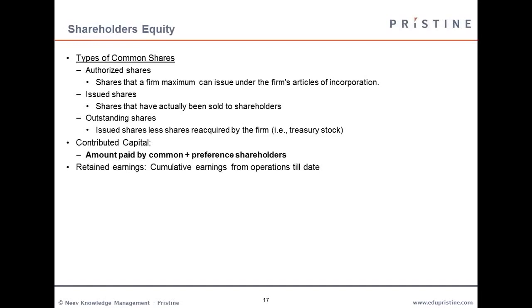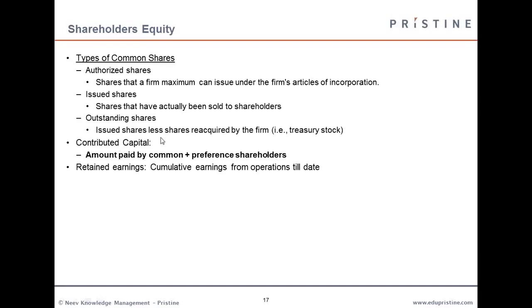Say out of 70,000, if you have 50,000 that are owned by the normal stockholders, and 20,000 are the stocks which are reacquired by the firm, then these 20,000 are called the treasury stock, and the remaining 50,000 shares are called the outstanding shares.